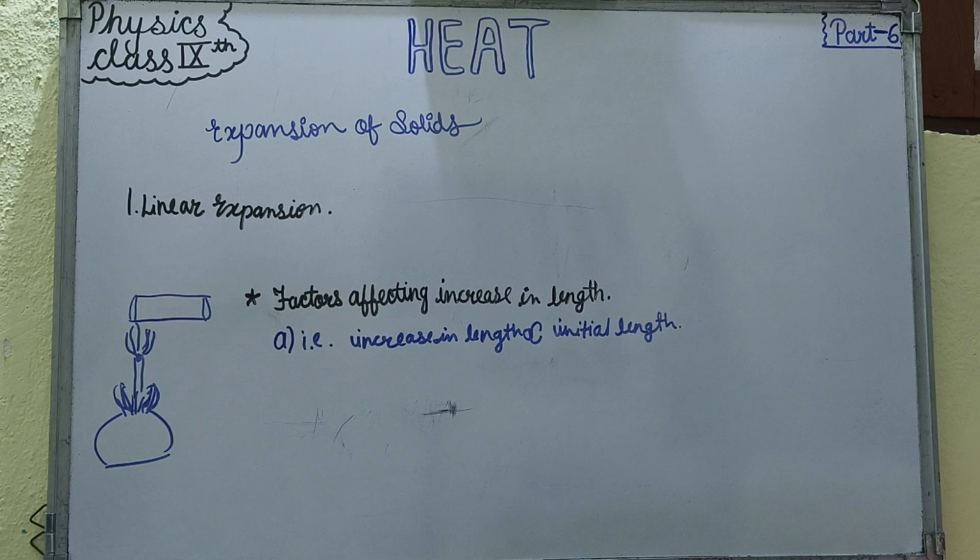Second is rods of the same length but heated through different rise of temperatures. Heat two aluminium rods of the same length through different rise of temperatures. Say first rod up to 40 degrees Celsius and second rod up to 80 degrees Celsius. We observe that the increase in length is greater for the rod heated through greater rise of temperature.